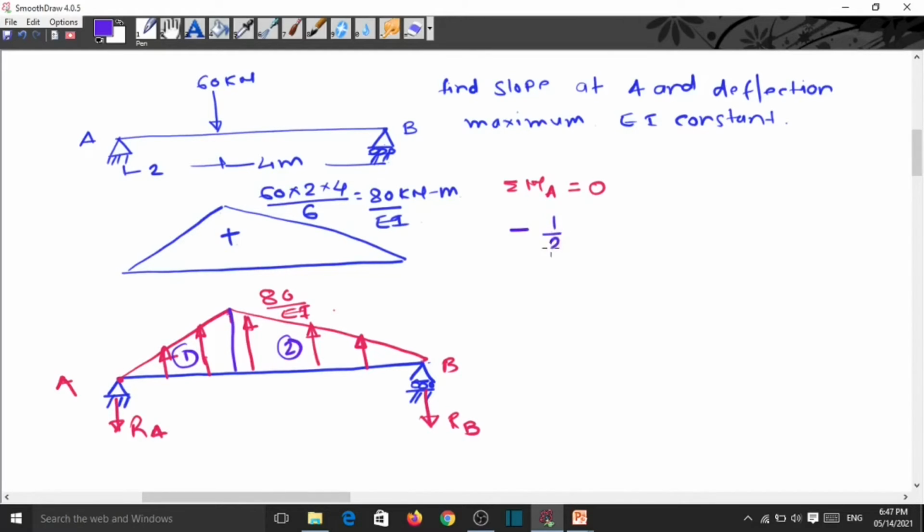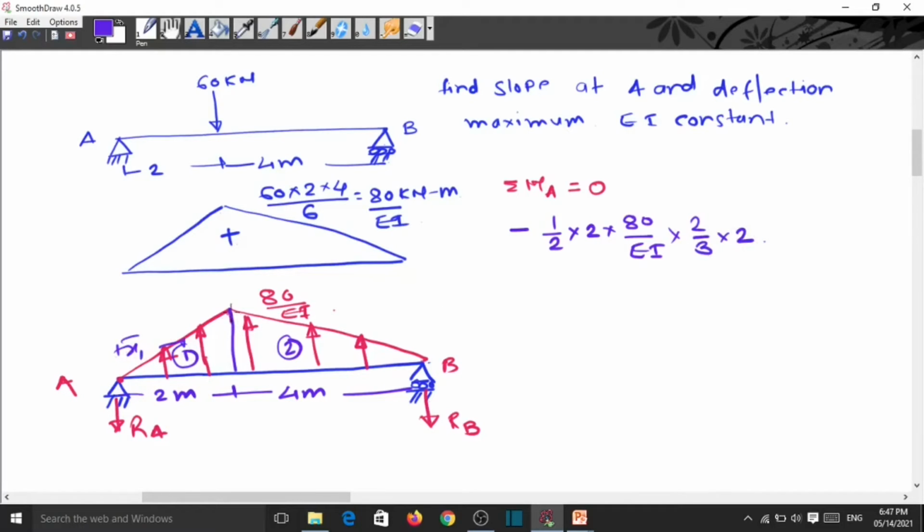So 1/2 this base is a 2 meter and this base is a 4 meter. So this first part, so 1/2 base into the height into CG of this triangle. This is the x1 bar suppose. So this is the 2/3 of the 2.